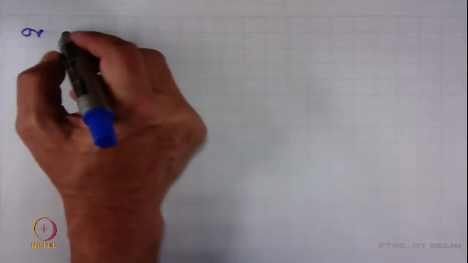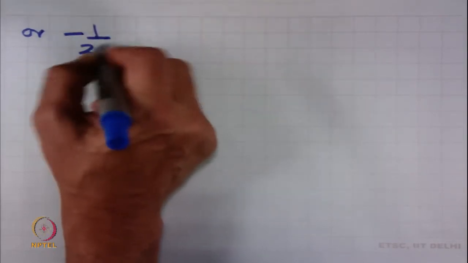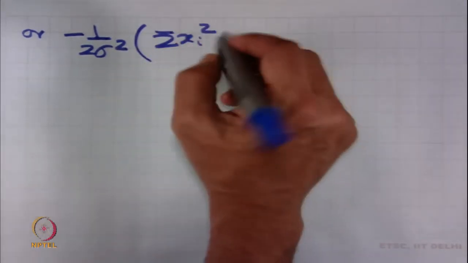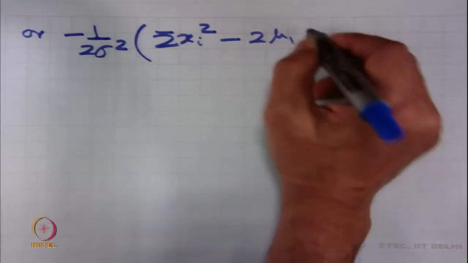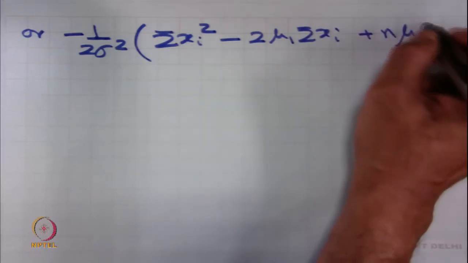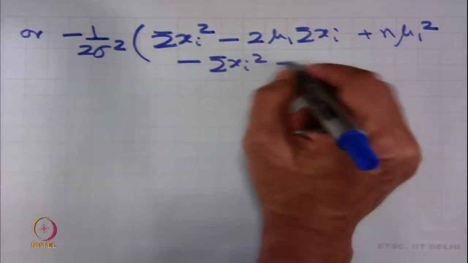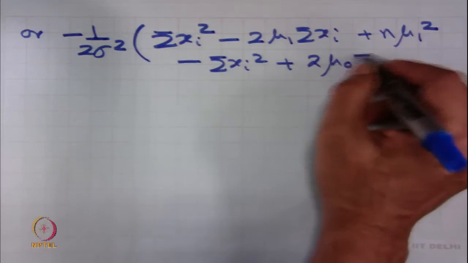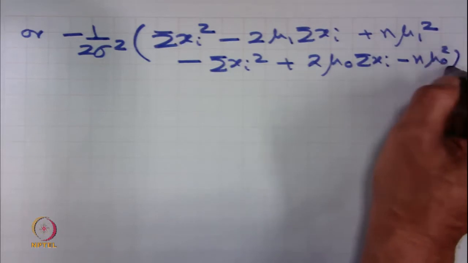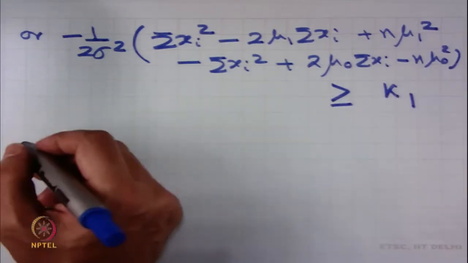Or by taking natural log, minus 1 upon 2 sigma square into sigma xi square minus 2 mu 1 sigma xi plus n mu 1 square minus sigma xi square plus 2 mu naught sigma xi minus n mu naught square is greater than or equal to some constant, say k 1.